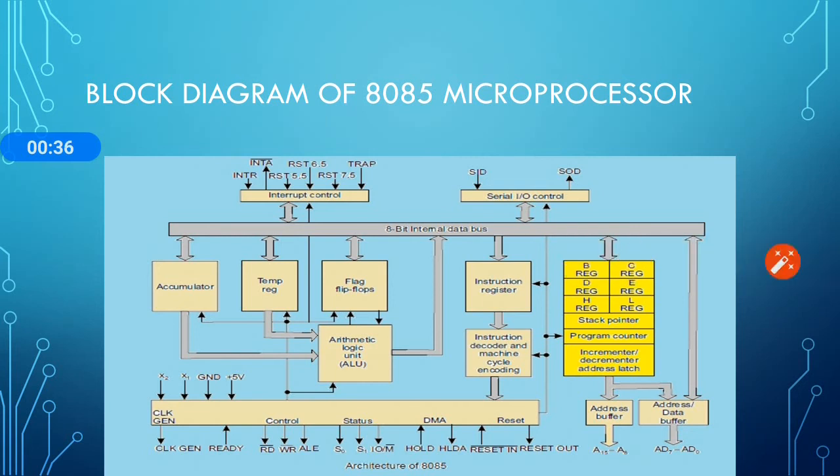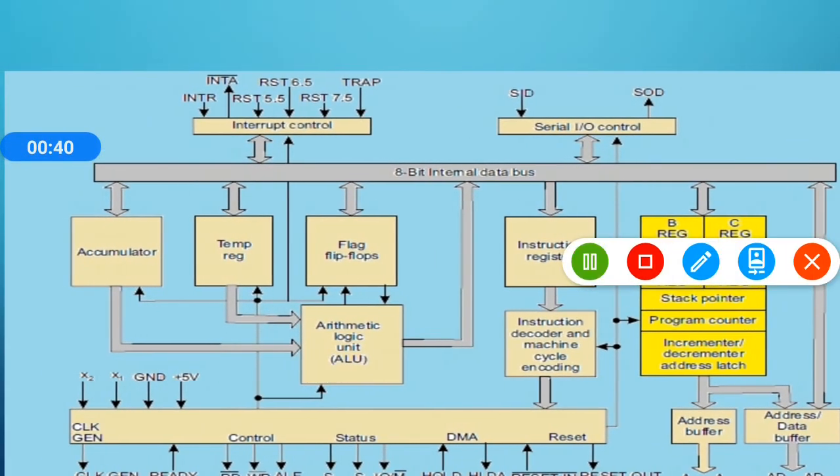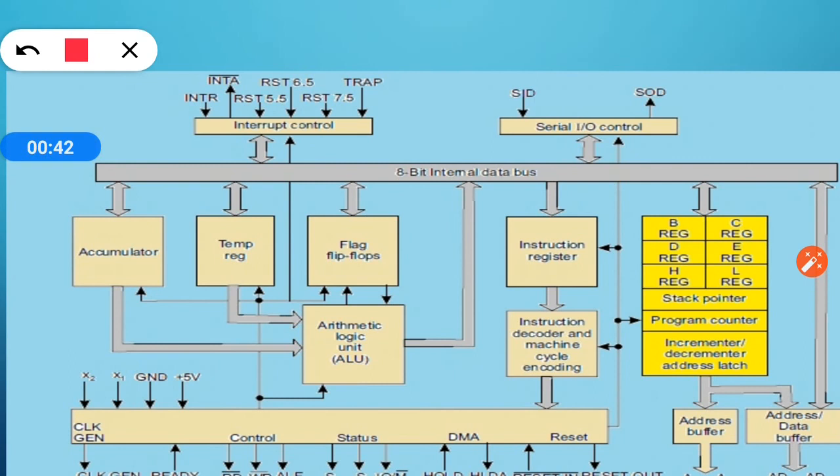So we will start with the arithmetic and logic unit of the microprocessor IC. This is the arithmetic and logic unit of the 8085 microprocessor. As its name indicates, it performs arithmetical and logical operations. Arithmetical means addition, subtraction, multiplication and division.